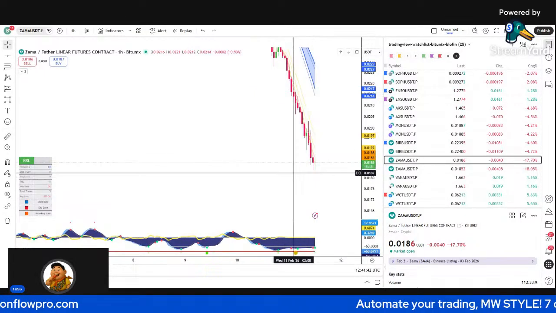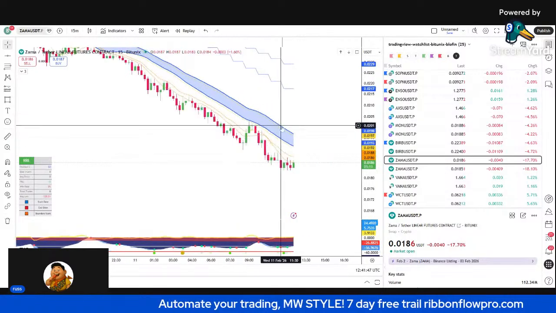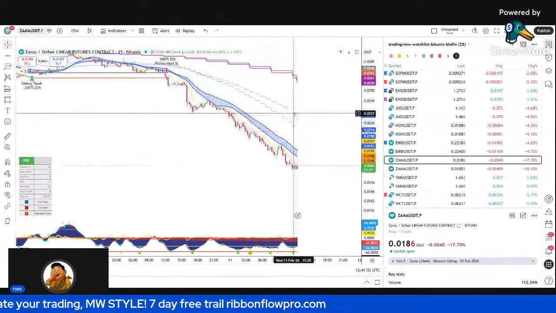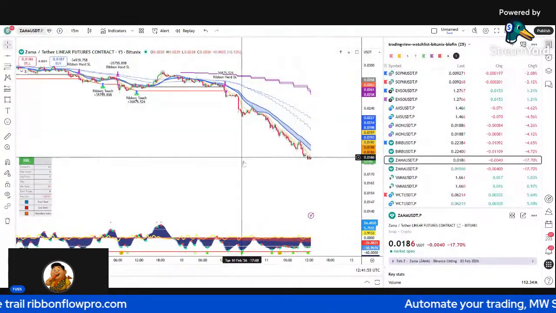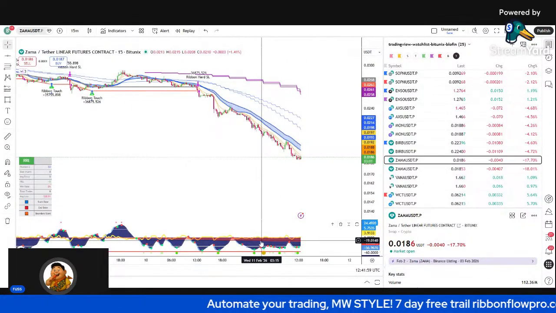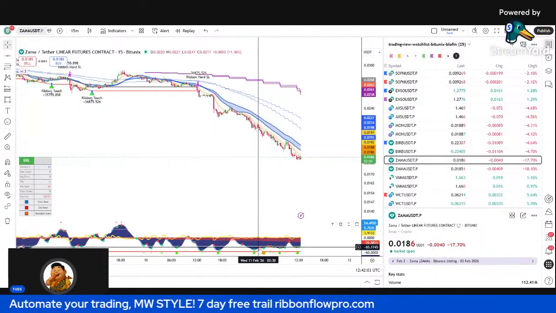I'm getting some buy signals down here. I think it could be good for a little bounce, maybe a little bounce up to here, because you want to be selling it. So when it comes down here, look, it's triggered a lot of buys on the 15, which would have failed you miserably.